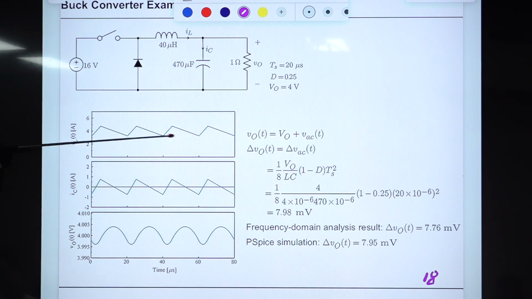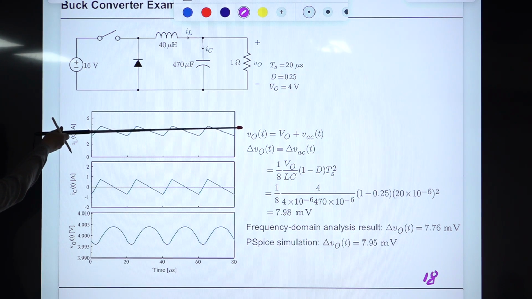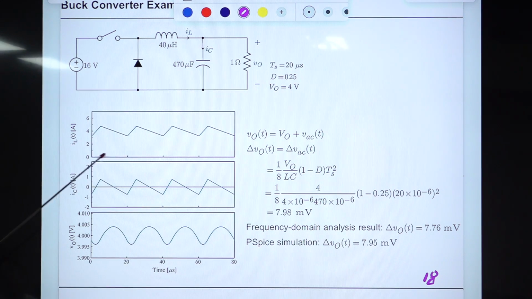So IL, as here, is increasing and decreasing triangular waveforms with the average value of 4 A, and this is the capacitor current simulated, right? So the AC component is just reduced by this much and coming here. When this current is positive, this is increasing, and during this time it is decreasing. Okay, so we use this formula.